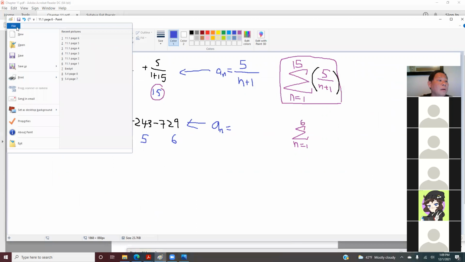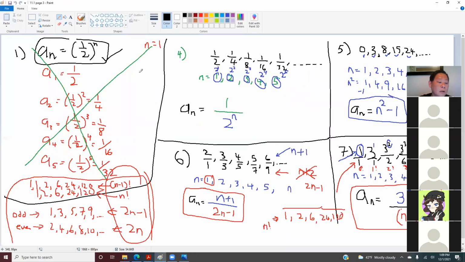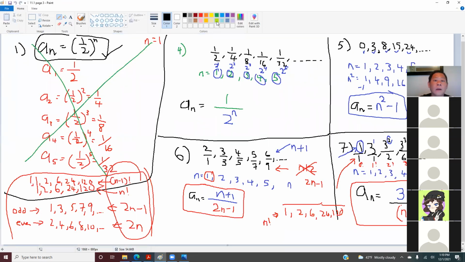So this is something extra. Okay, so if you have alternating sign, that means from positive to negative to positive to negative to positive to negative, then your a_n term in this case will be -1 to the power of n minus 1.